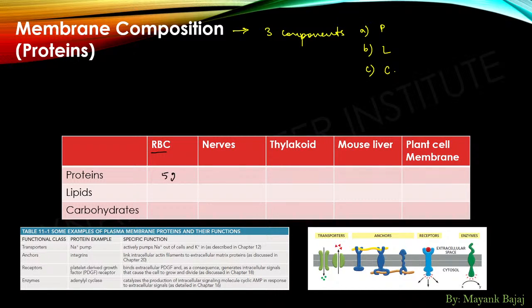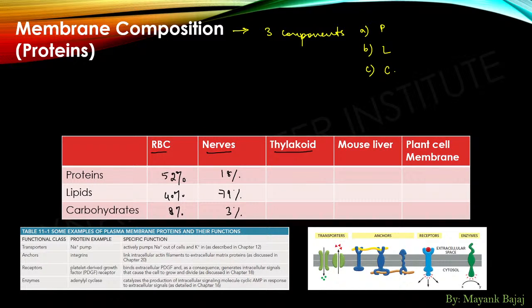RBC consists of around 52% proteins, 40% lipids, and 8% carbohydrates only. In nerve fibers or neurons, we have 18% proteins, 79% lipids, and 3% carbohydrates.